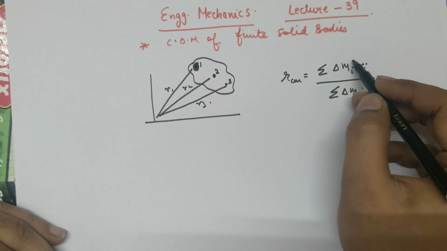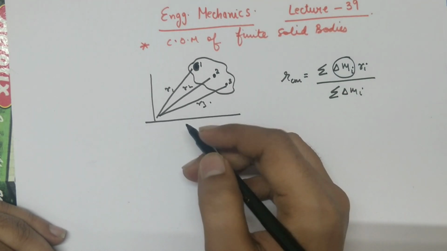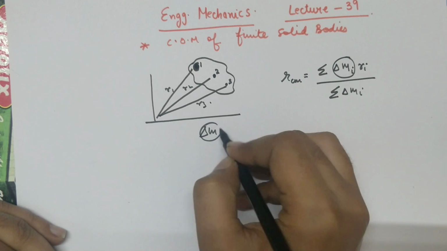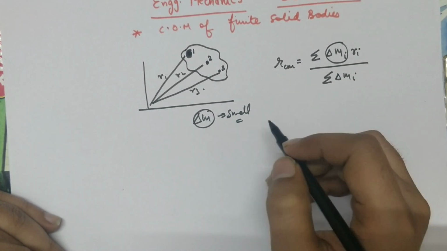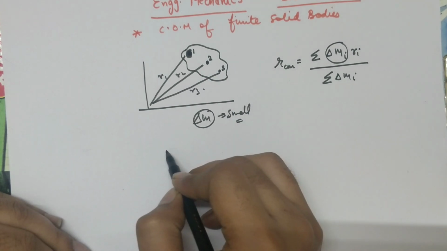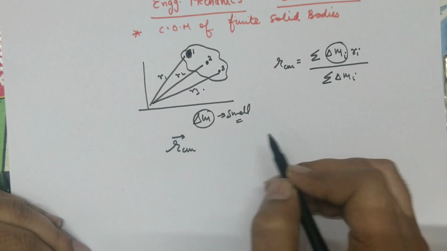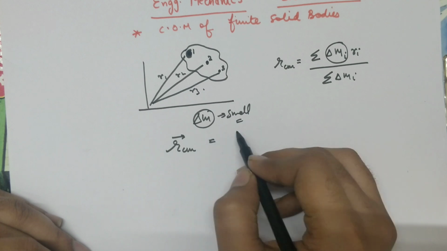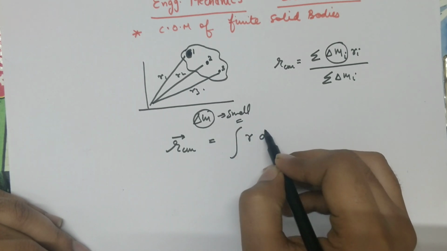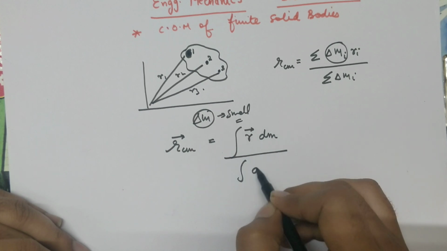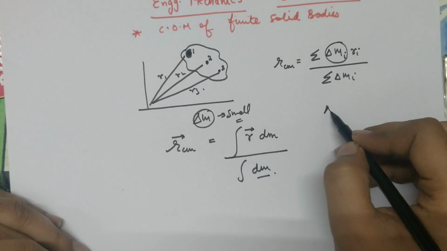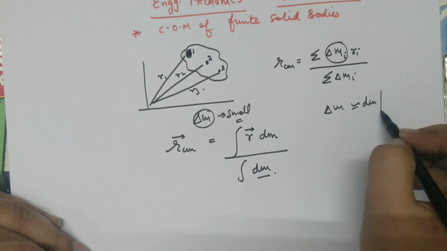As we know, this delta m is very small. So in general, from the integration point of view, we can write integration r dm upon integration dm, because delta m is just equivalent to dm.